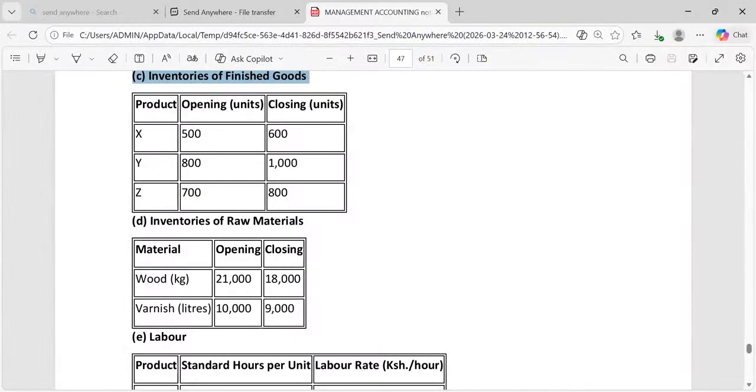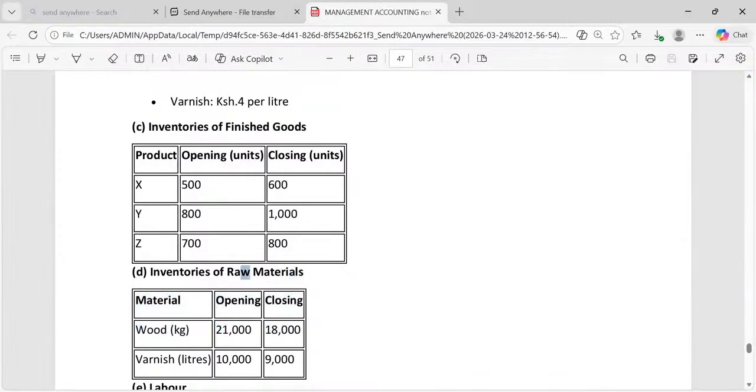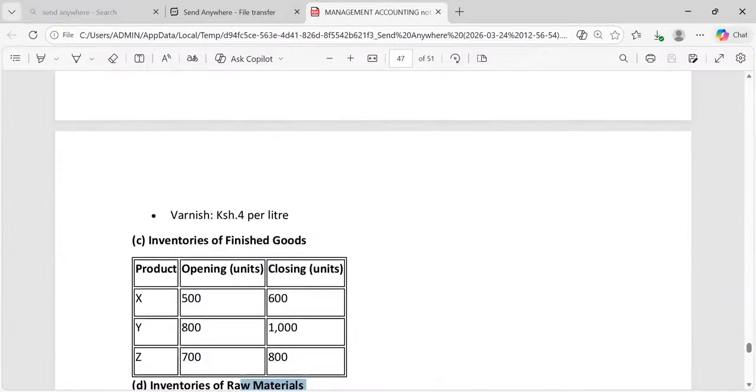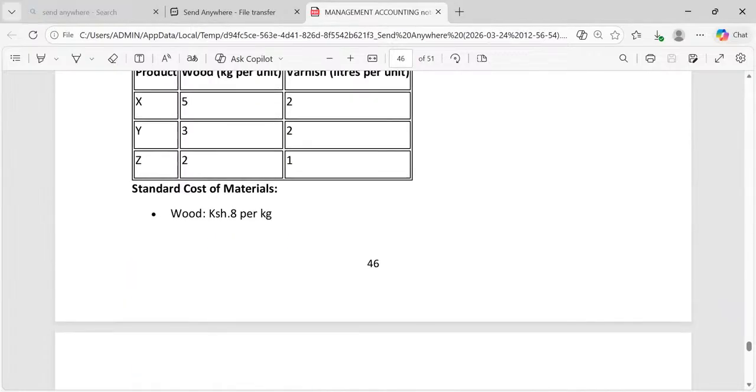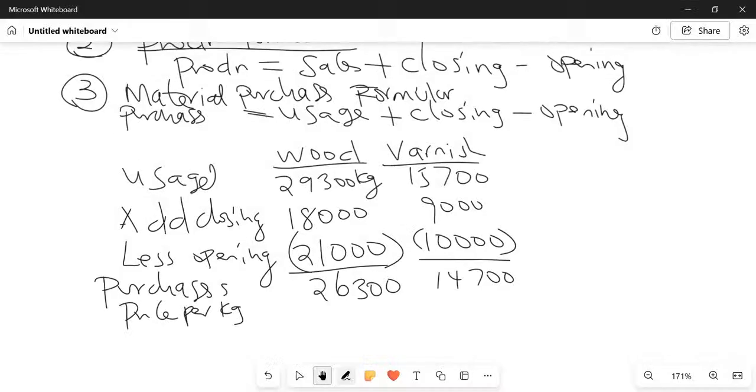So you can see varnish is 4 per liter, and then the wood is 8 per kilogram. So price per kilogram, per liter. So this is 8 and this is 4.